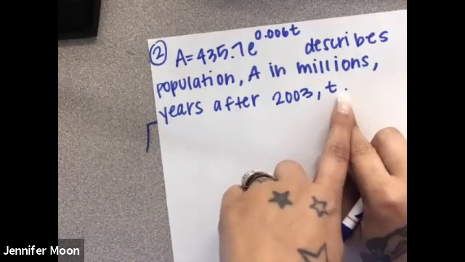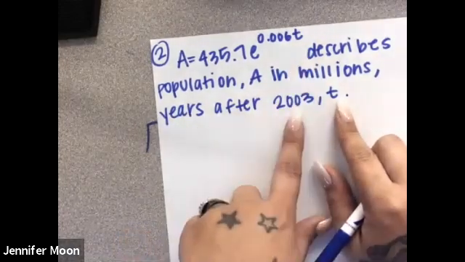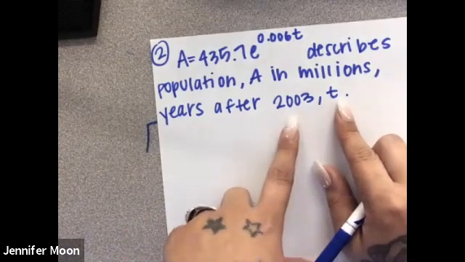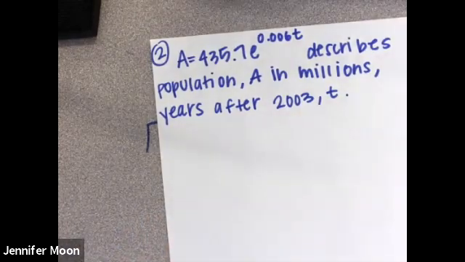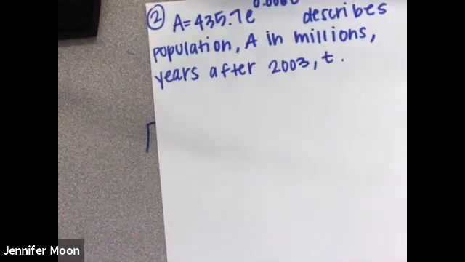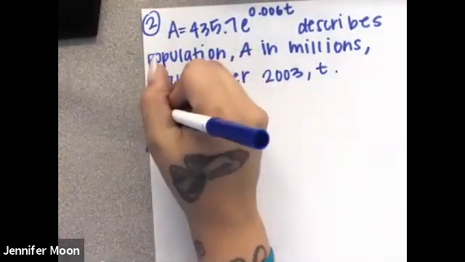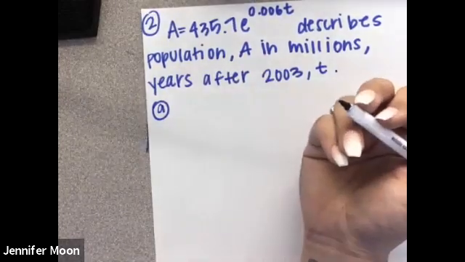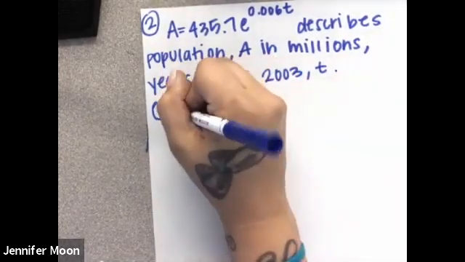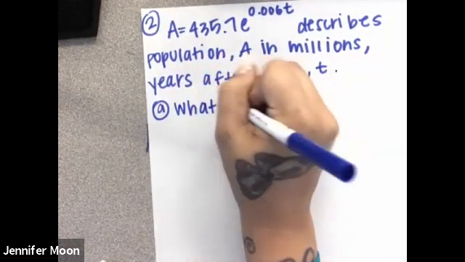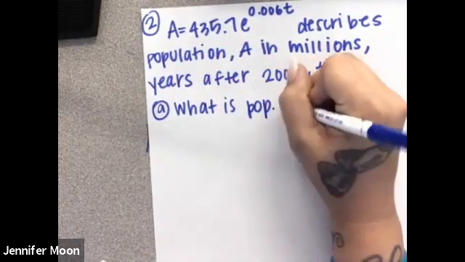My T is going to be based on the number of years after 2003, okay? So they'll give you information and you plug stuff in. I would solve little problems within problems to get your answer unless you're perfect at putting everything into your calculator. Just be really careful doing that. The answer will look right, but it could be really wrong. We have an A, B, and C part, I believe, for this problem. Yes. So for A, it wants to know what is the population in 2003. I'm writing pop, y'all.